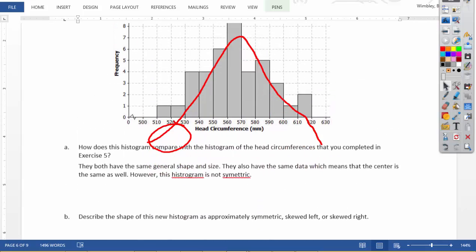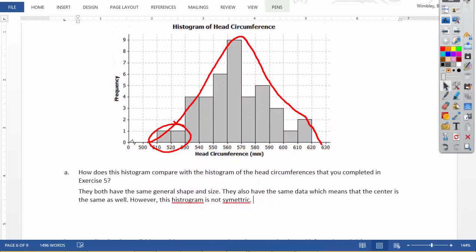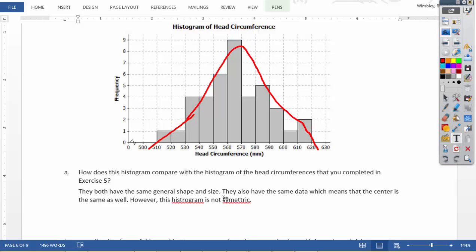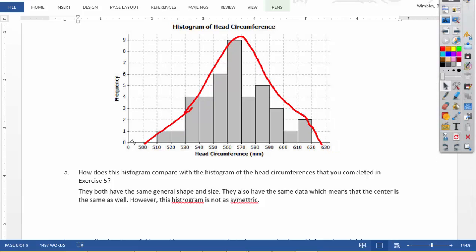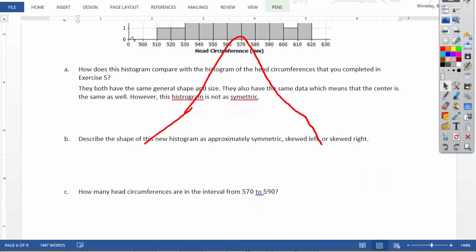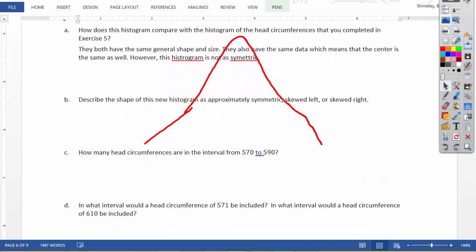However, what we can notice is what? It's pretty much close to the same. So we can, if we want, say that it is symmetric because it's pretty much the same, but it's not as symmetric as my other one. So what I can do is just put this little qualifier in. However, this histogram is not as symmetric because it's still pretty much the same. We can have slightly skewed or we can say it's still symmetric, just not as symmetric.